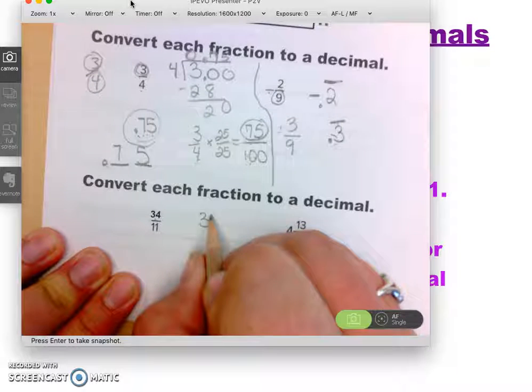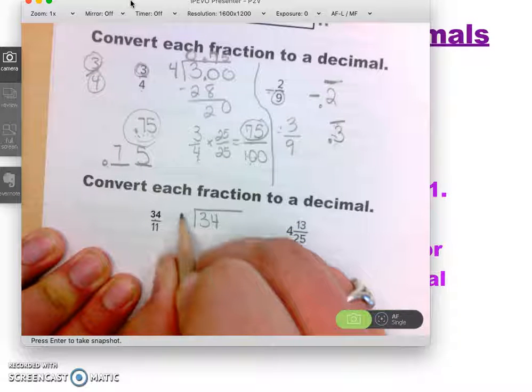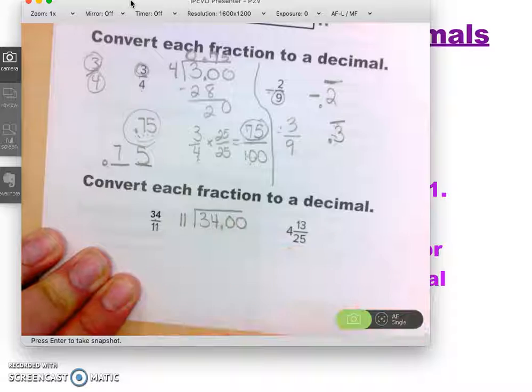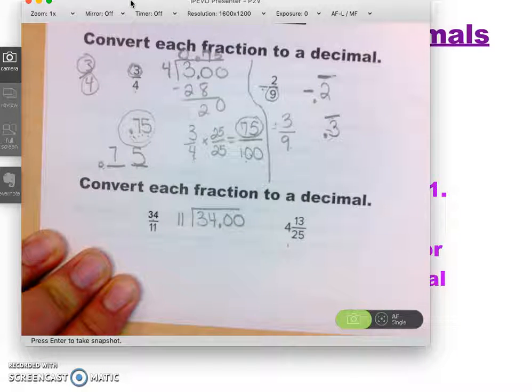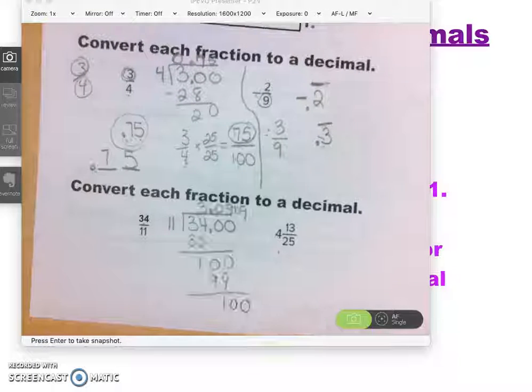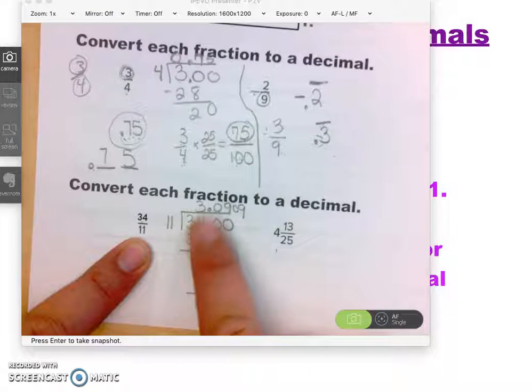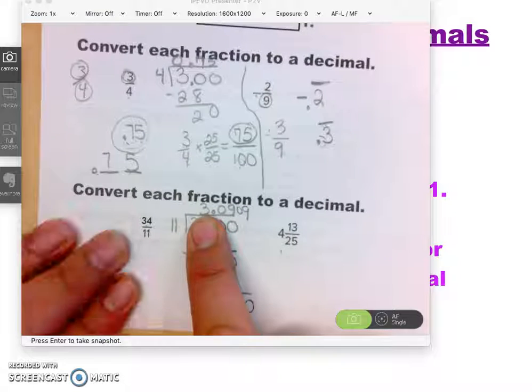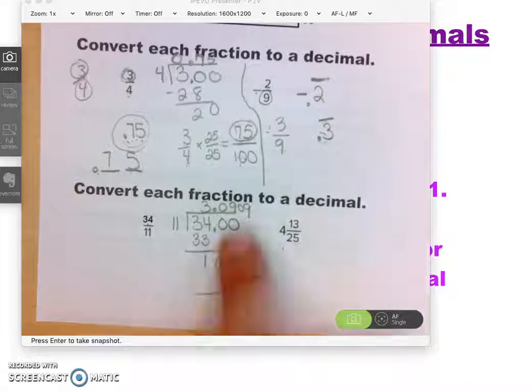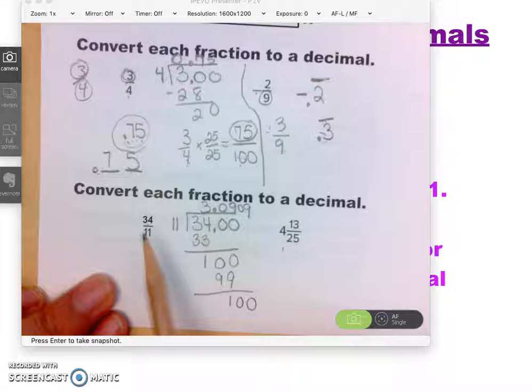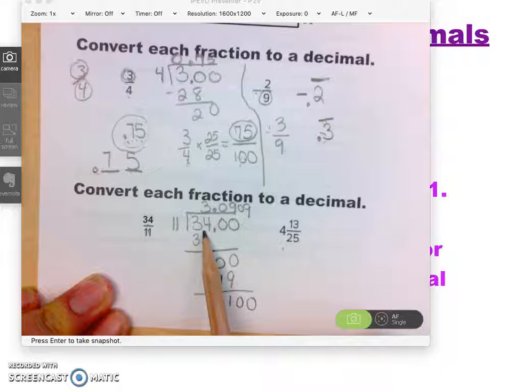So 34 divided by 11. I'm going to pause this, and I'm running out of time on my video, so I did 34 divided by 11. I know that I should get a number before my decimal because it has to be greater than 1, since it is an improper fraction. So 11 went into 34 3 times. 3 times 11 is 33. I subtract, I get 1.